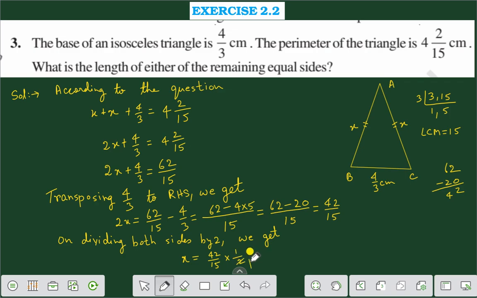If we divide this, 2 times 1 is 2, 2 times 2 is 4, 2 times 1 is 2, we get 21/15.